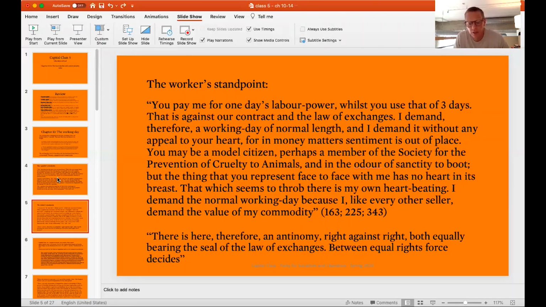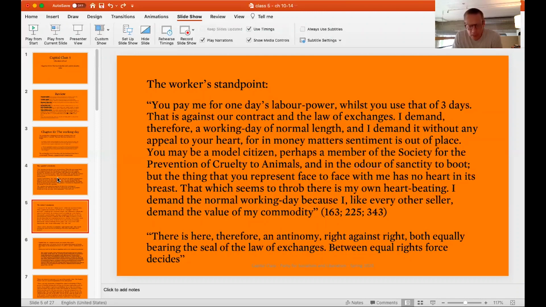The conditions under which they sell it. And this is the distinction between the exchange value and the use value of labor power, because the exchange value of labor power is determined before the use value is consumed, right? So there's the temporal difference.